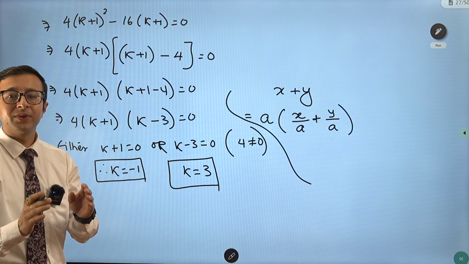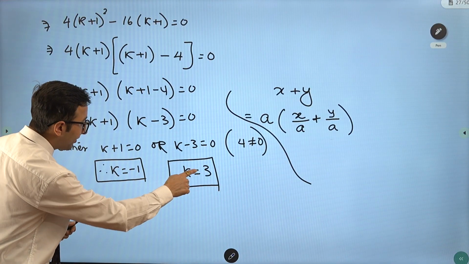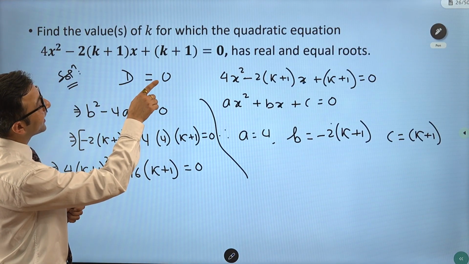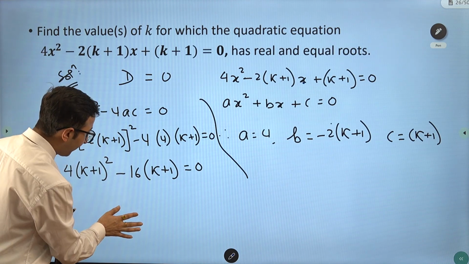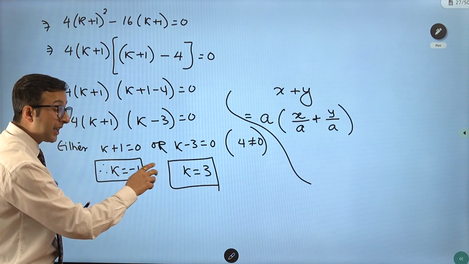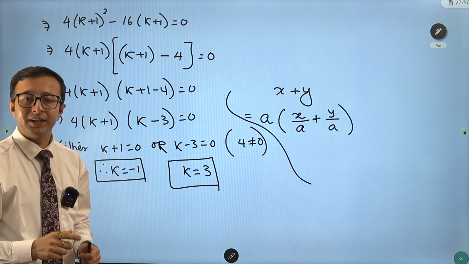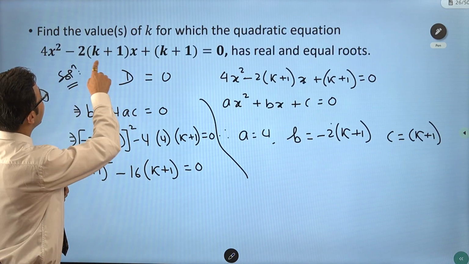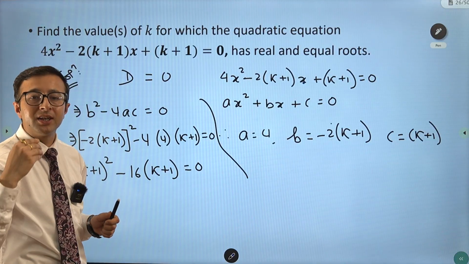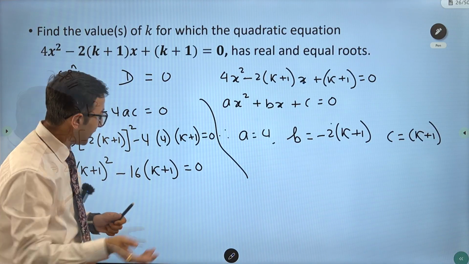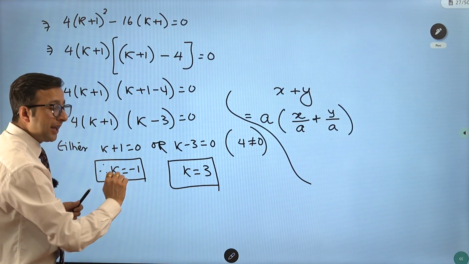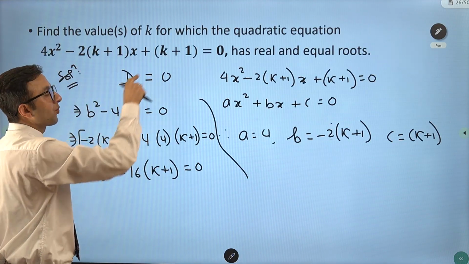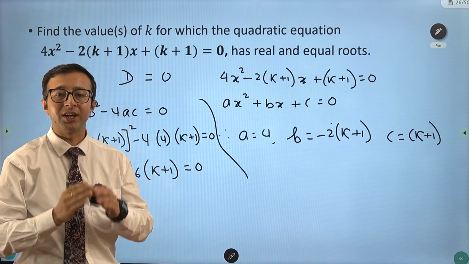Most of you feel that the value of k are different, isn't it? But in the problem it is said that real and equal roots. Don't be confused with it. The value of k may be different. Only the thing is that if you use the value of k as -1 in this case, this equation will give us real and equal roots. Or if you use k is equals to 3, that means in place of k 3, again this quadratic equation will produce 2 real and equal roots.